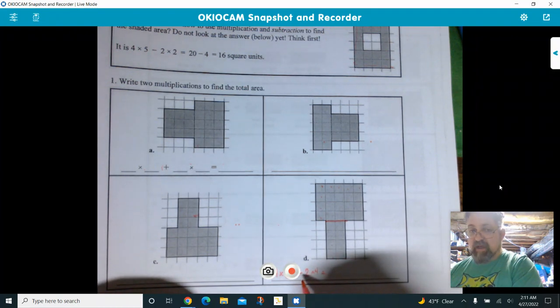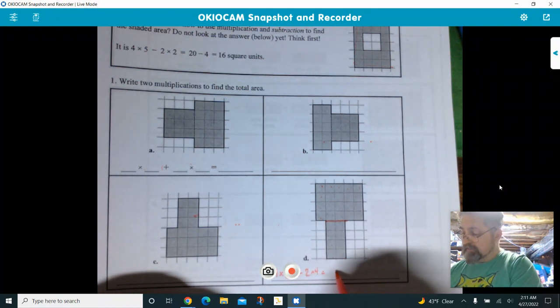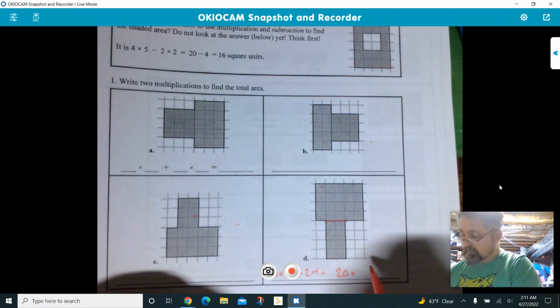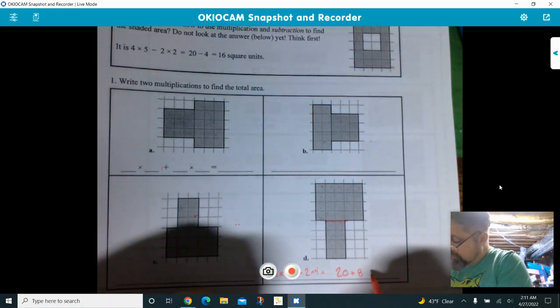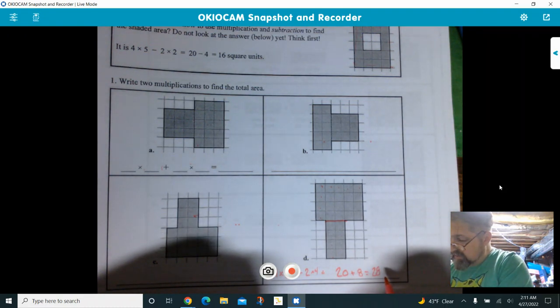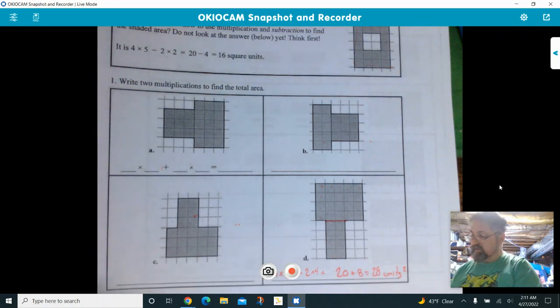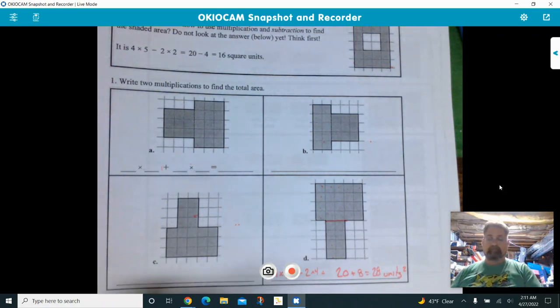Okay, so 4 times 5 is 20. And then 2 times 4 is 8. So that equals 20 plus 8 is 28 square units. I'll put the units with a squared mark. Okay?